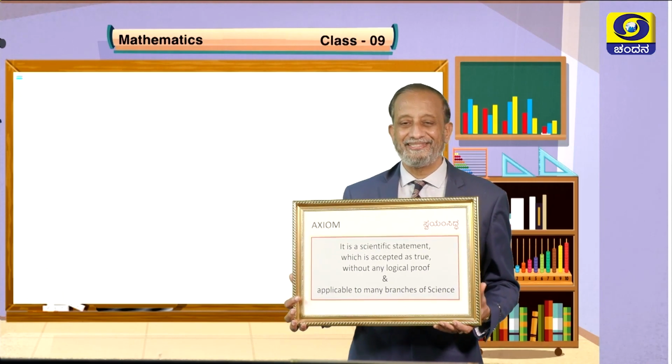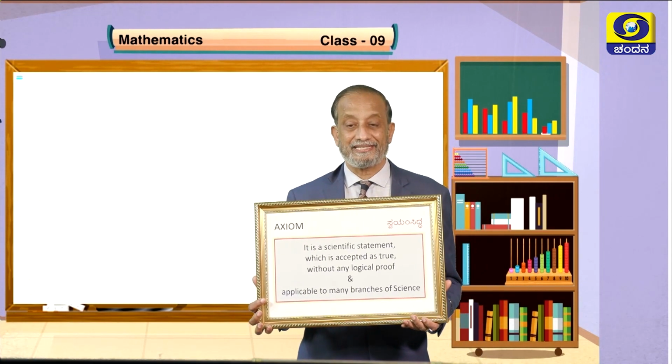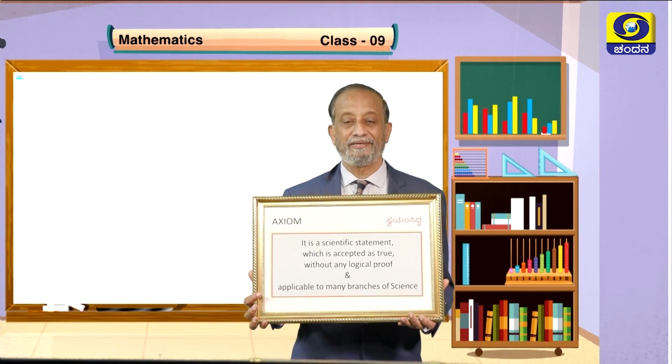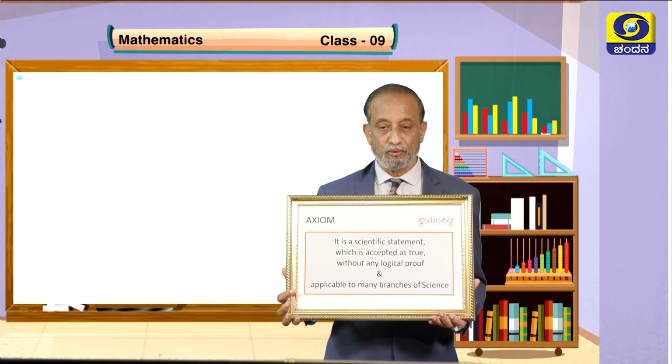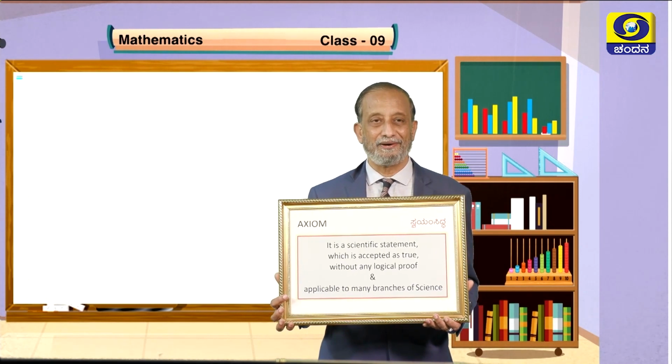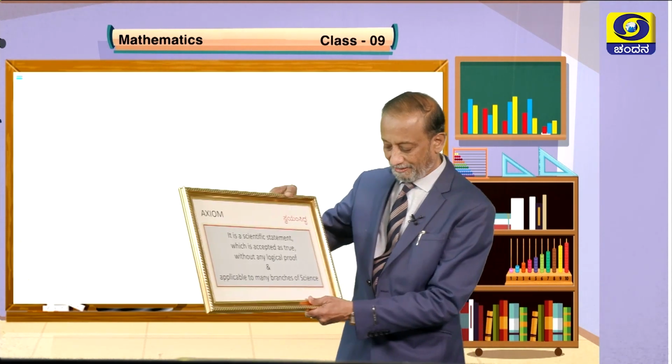So, axioms are nothing but scientific statements which are accepted as true without any logical proof and applicable to many branches of science. So, let me keep it on this table.